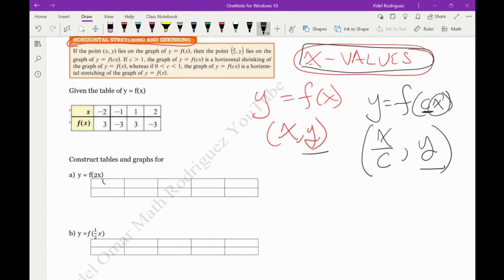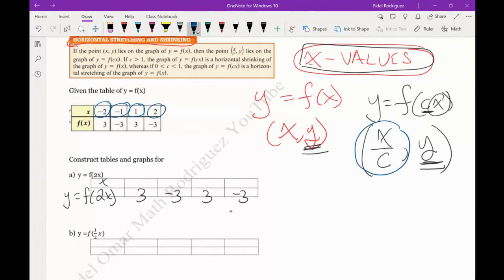So when I'm doing this one here, I'm going to put x and y equals f of 2x. Since the y numbers are the same, that's going to be a 3, a -3, a +3, and a -3. But now we're going to figure out how to change my x numbers. We're going to take each of these x numbers and divide them by the number in front of my x. The number in front of our x here, y'all, is the number 2. So look, we're going to go super slow.